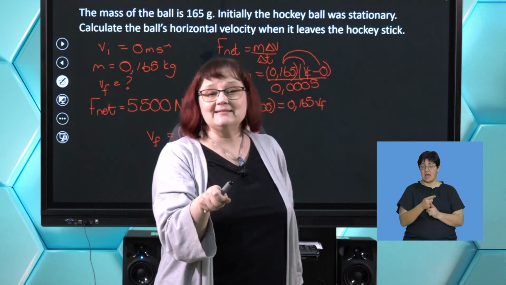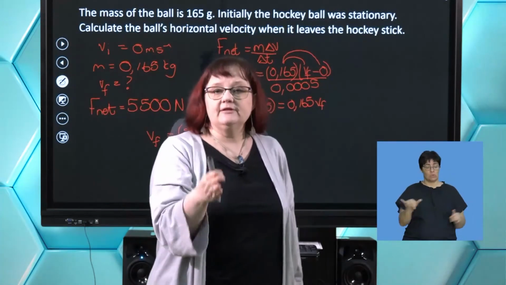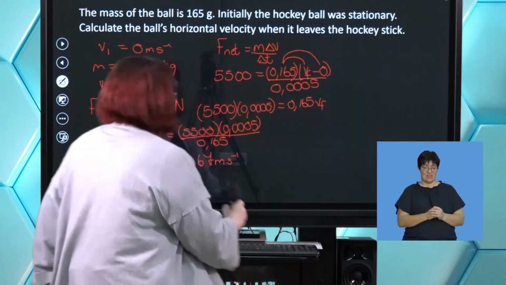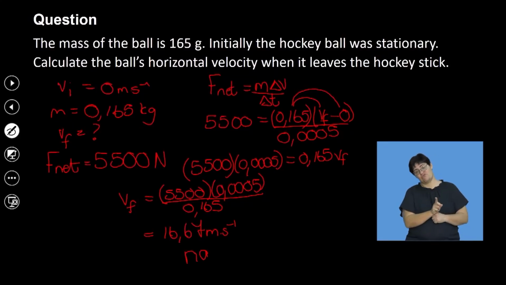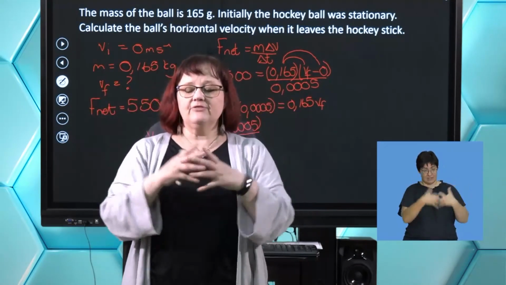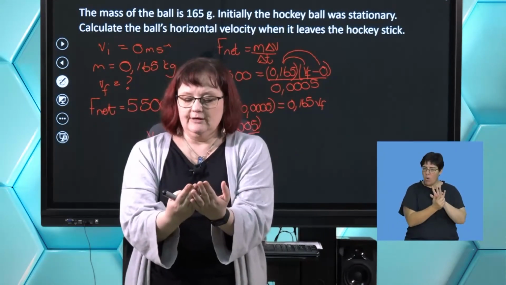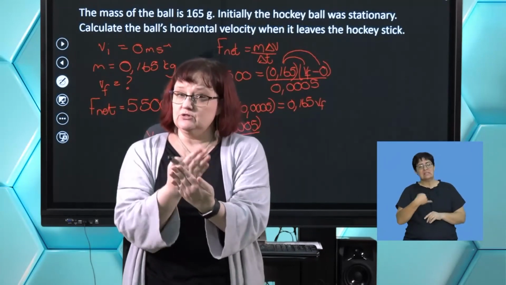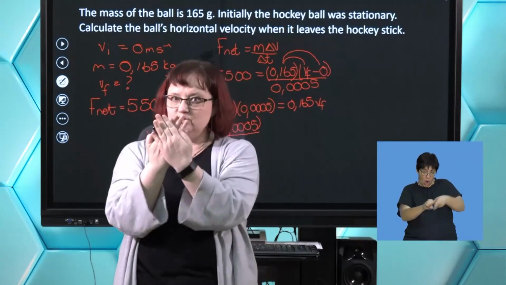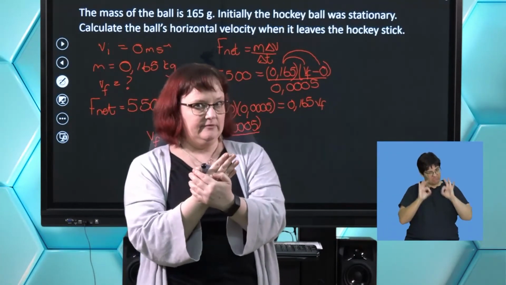Velocity is a vector, which means we need to give it a direction. It worked out to be a positive value, so that means this is going to the right, because it's a positive value. Okay, lots to do here. But the thing with Newton's second law in terms of momentum is we're still using Newton's third law, because when they're in contact, they exert the same force on each other. Okay?